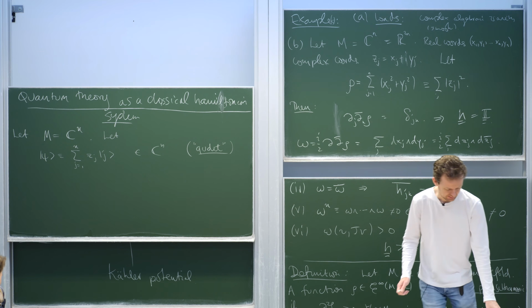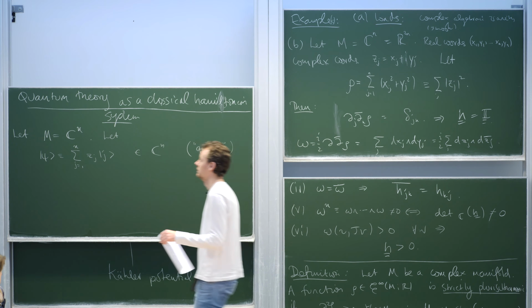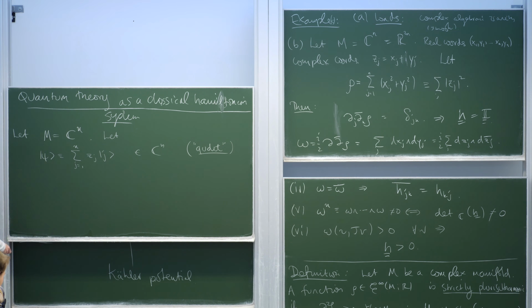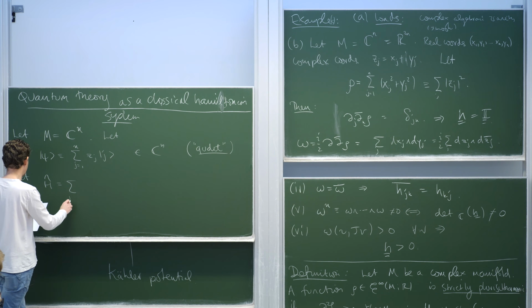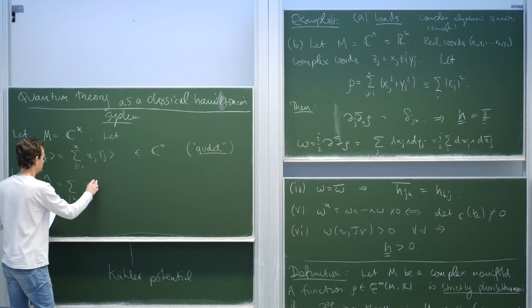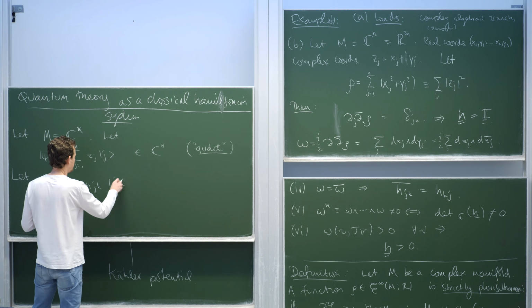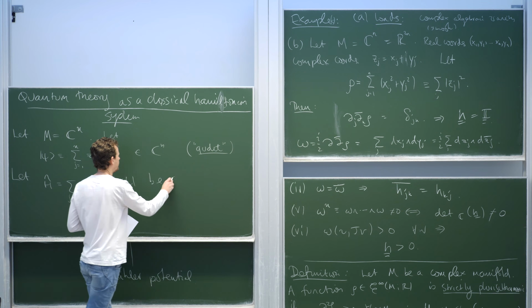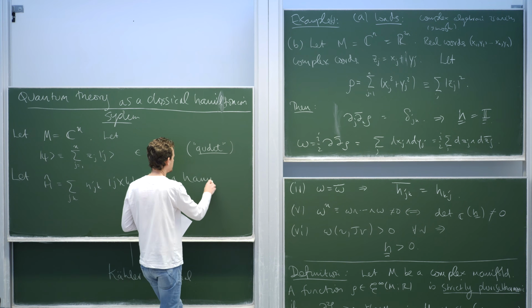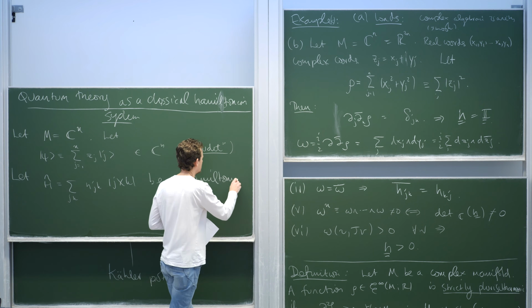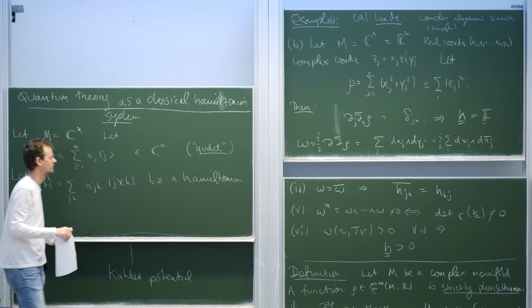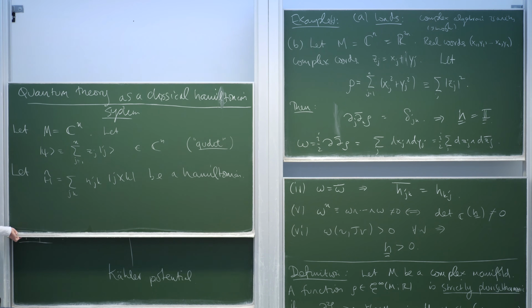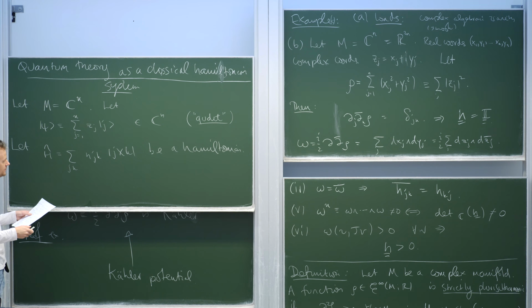Let's write down the Schrödinger equation now. So let's suppose we have some Hamiltonian for our n-level system, some maybe very complicated spin Hamiltonian.